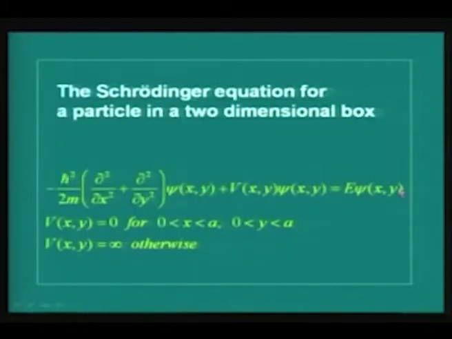In the last lecture I also introduced the Schrodinger equation for the particle in a two dimensional box in a manner analogous to the particle in a one dimensional box. Remember that the one dimension refers to motion in one direction, which we call the coordinate x.